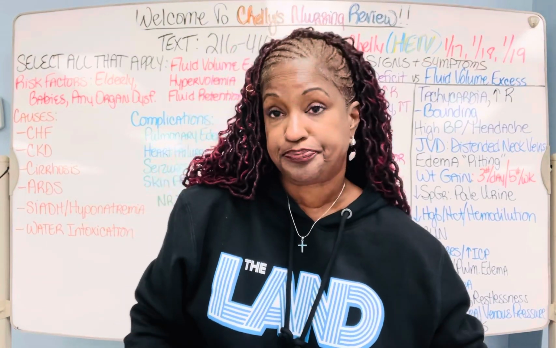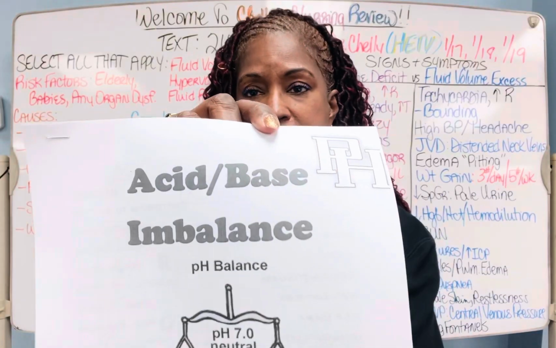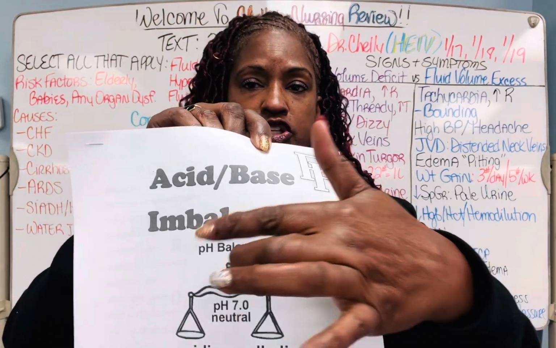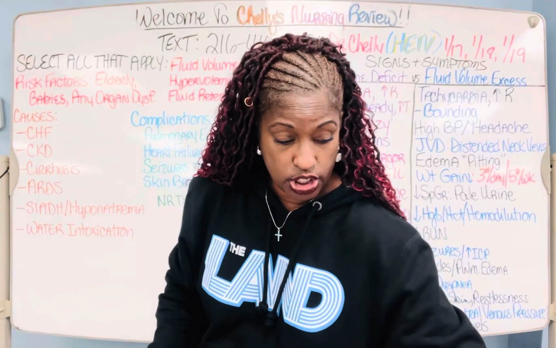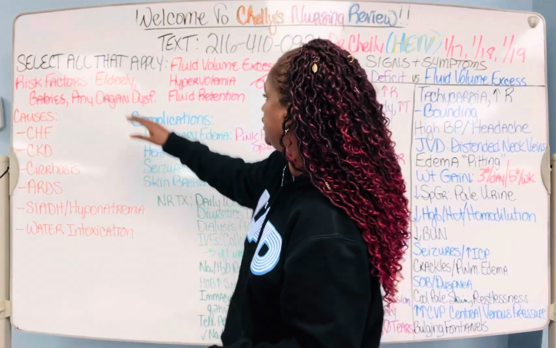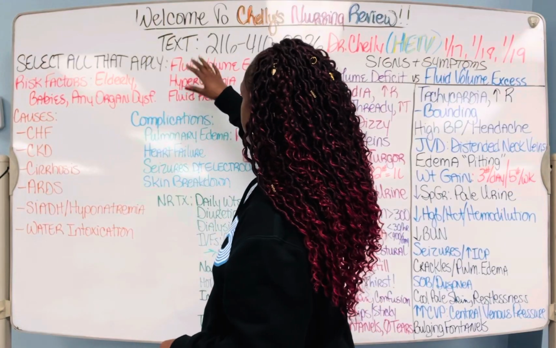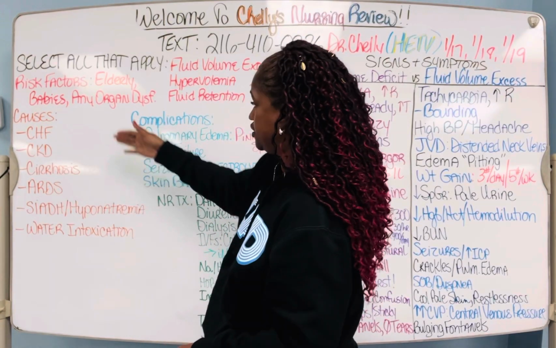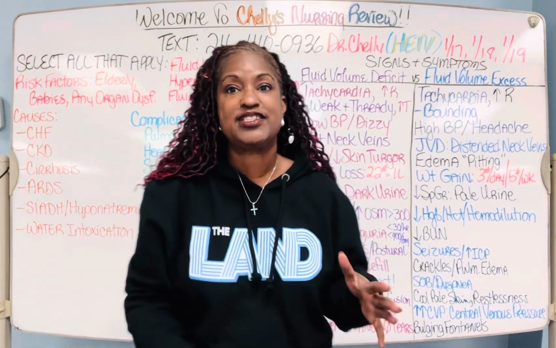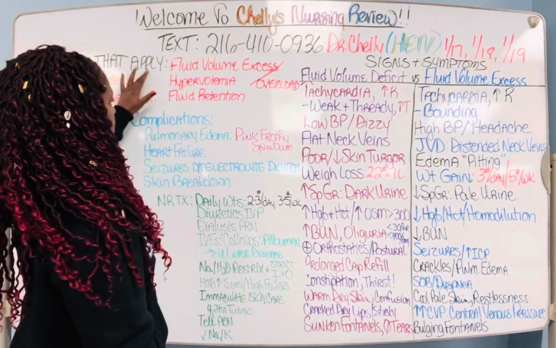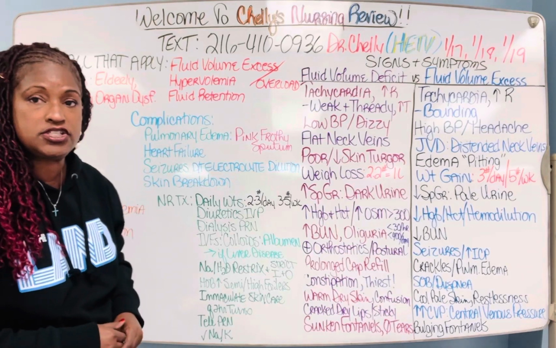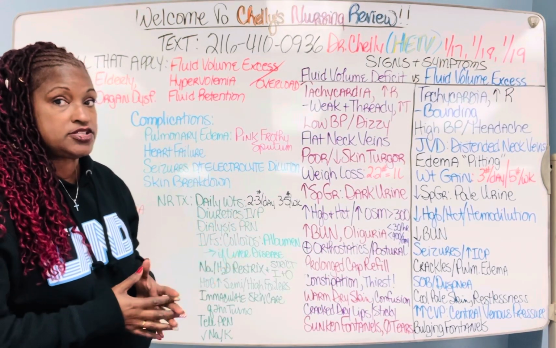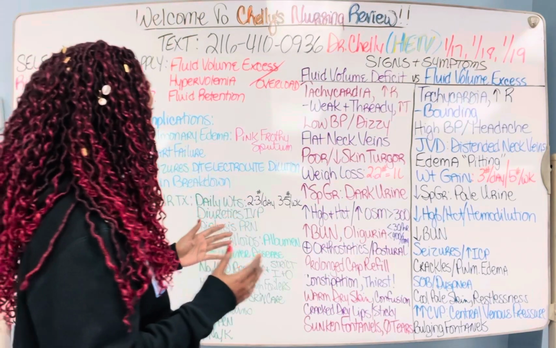Now, this is called acid-base imbalance, but it's also fluid and electrolytes. So moving on, you have a good handle on the select all that apply that goes with fluid volume excess, specifically causes. Let's move on in our select all that apply fluid volume excess and talk about complications that might result from a patient that is in a fluid volume overload.